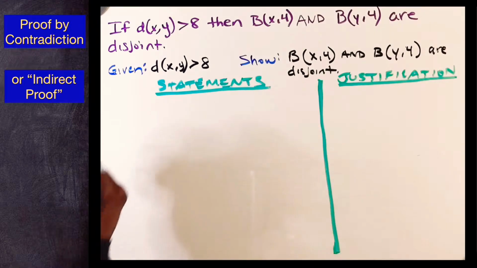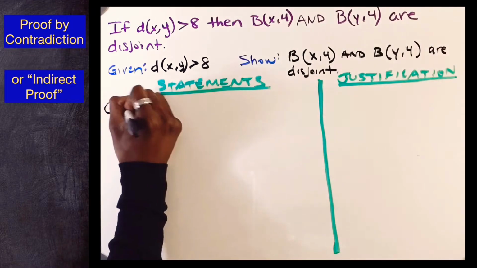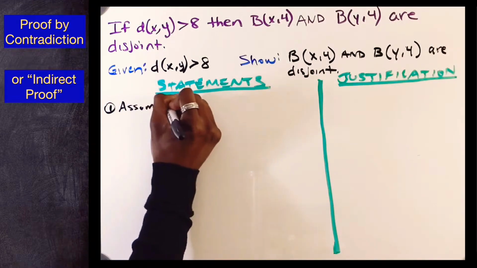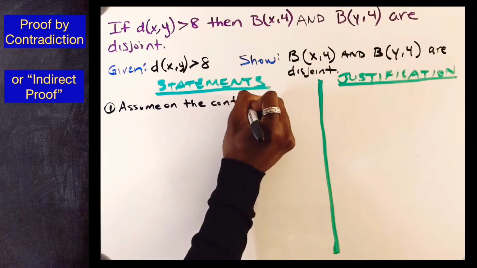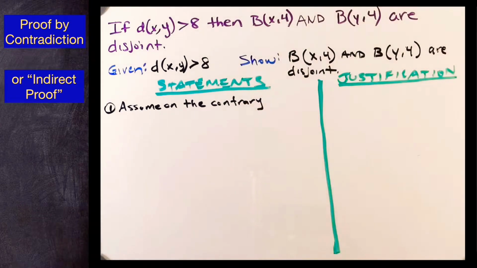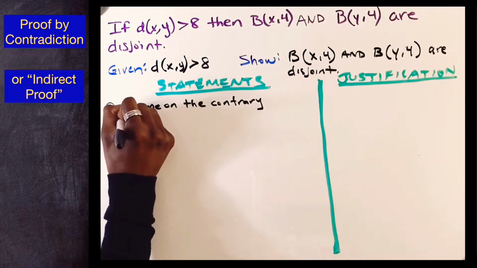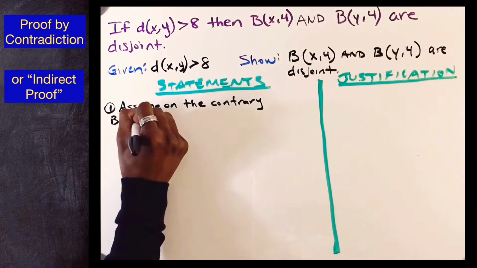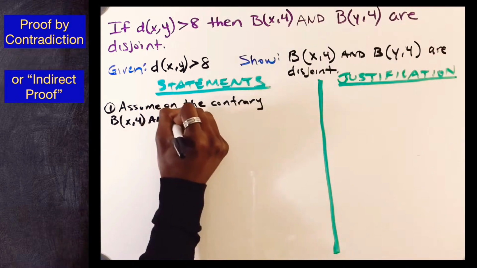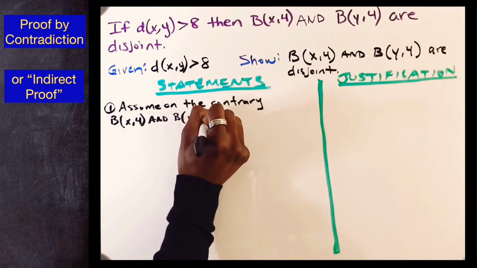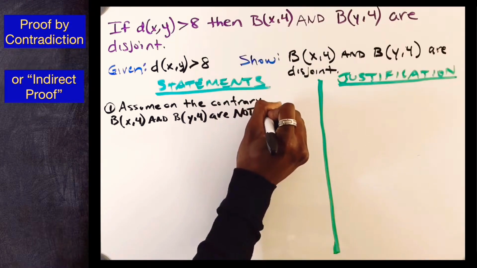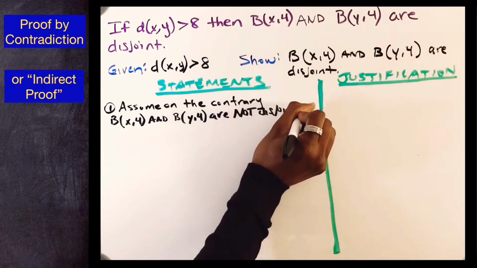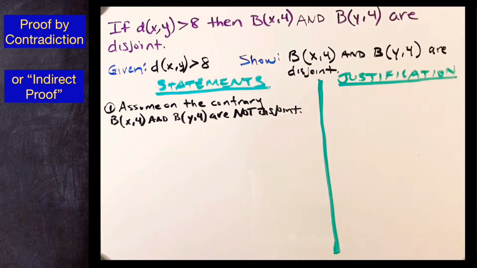So for our line 1, we're going to assume on the contrary that the ball from center X to radius 4 and the ball from center Y to radius 4 are not disjoint. This is the opposite of the show statement.